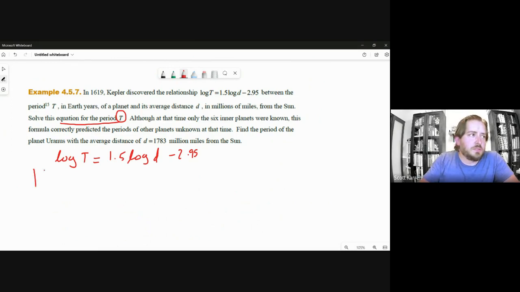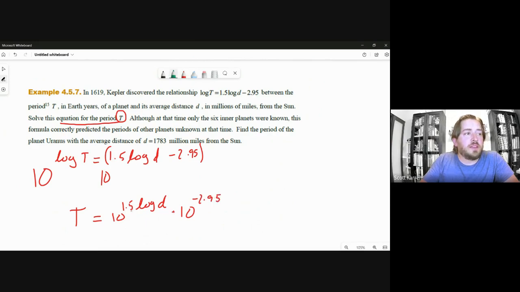So 10 raised to that power and 10 raised to that power. 10 raised to the log base 10 of t is just t. And 10 to the difference here is like taking 10 raised to the 1.5 log of d and multiplying it by 10 raised to the negative 2.95.